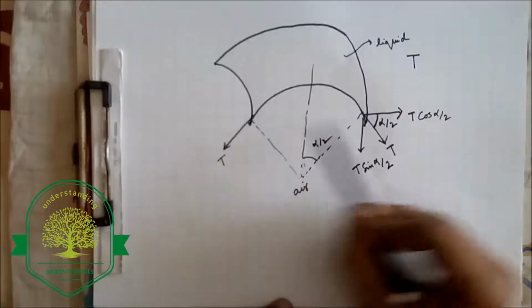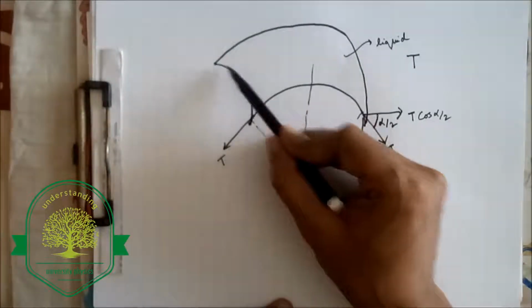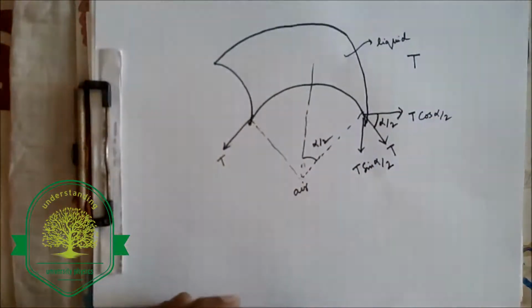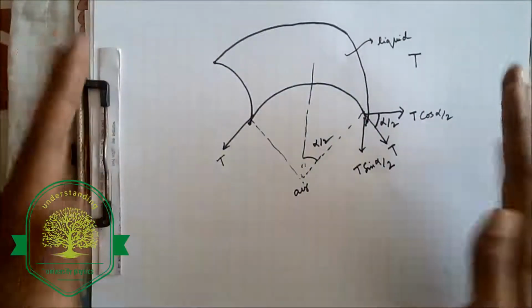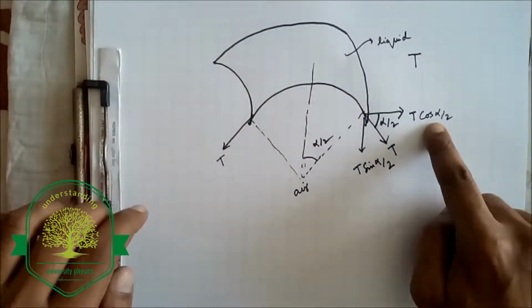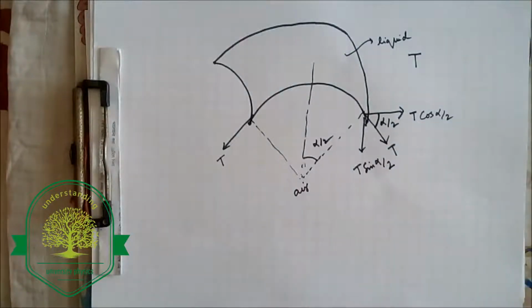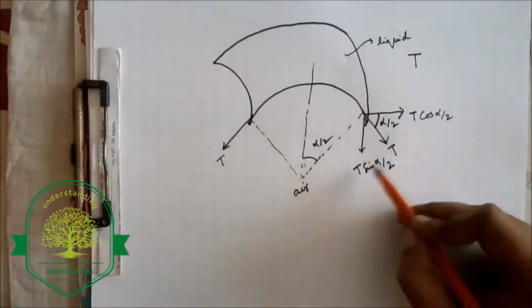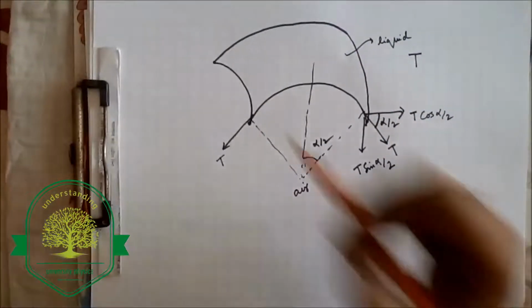So the T forces that I have drawn here are not actually acting on this side, but they are acting on this side and this side, and they are acting in this way, and their vertical components will add up, while their horizontal components, that is this component, will cancel each other out. So I will have to multiply these forces with this side.